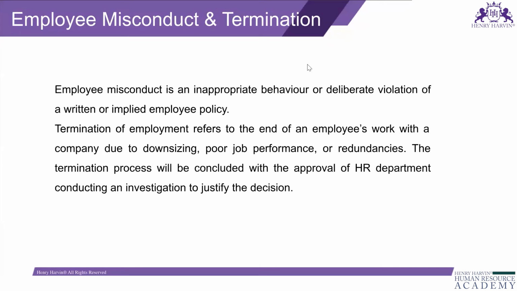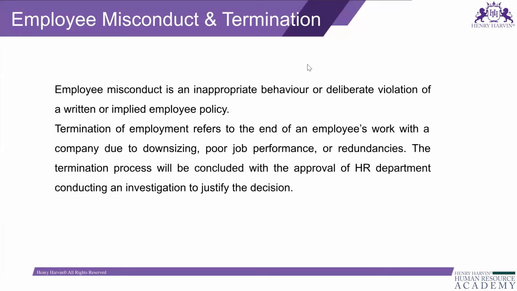There is a procedure, and that procedure should be followed to terminate the employee. So what is that procedure? That is the disciplinary action. First, you have to give the verbal warning, then written warning.